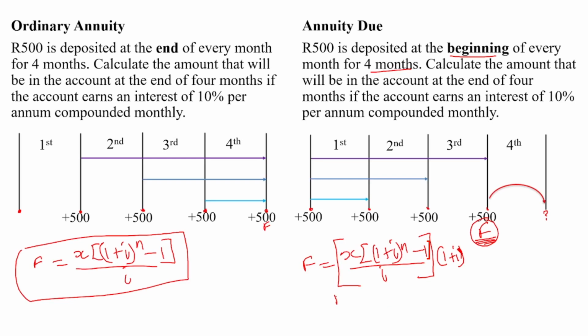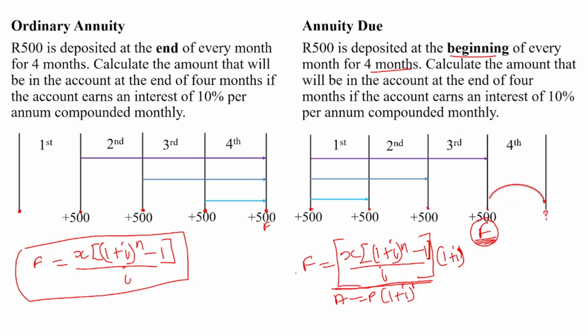So this is coming from the formula A equals P times 1 plus i to the power n. Since n is just 1, we don't usually write 1 as an exponent, so we leave it as it is. This whole thing is like the P. So we calculate our future value here, and then it stays in the bank for 1 month, so it's going to gain interest for 1 month.